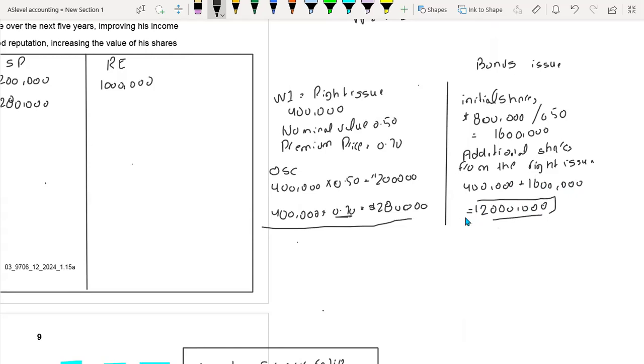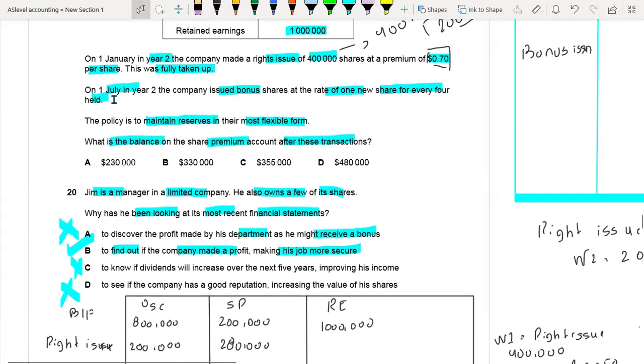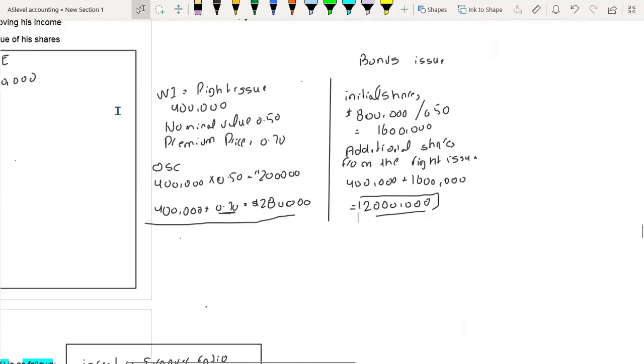So if you remember in the question, on 1st July year 2, the company issued bonus shares at the rate of 1 new share for every 4 held. So it means we have to find out how many shares we have introduced as a bonus issue.